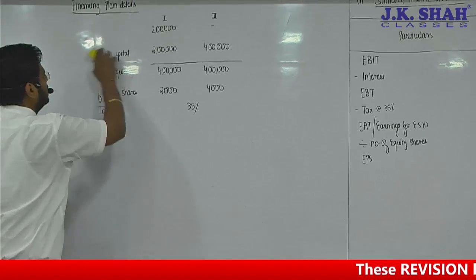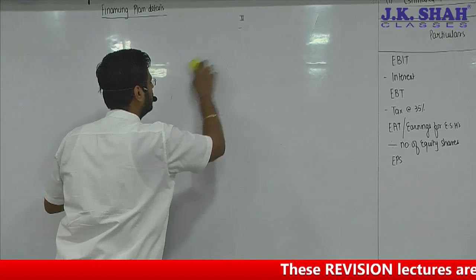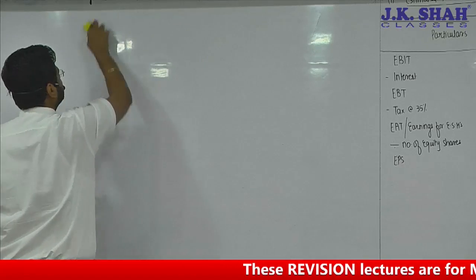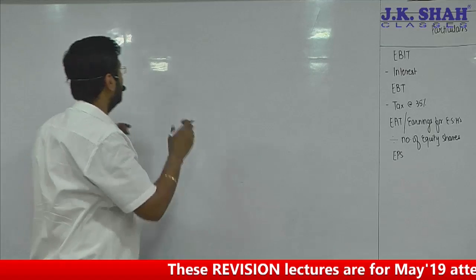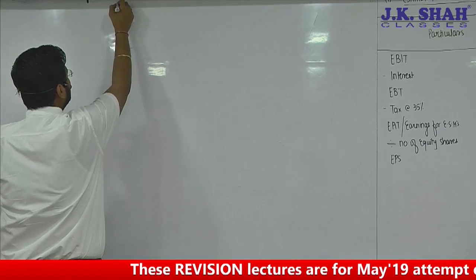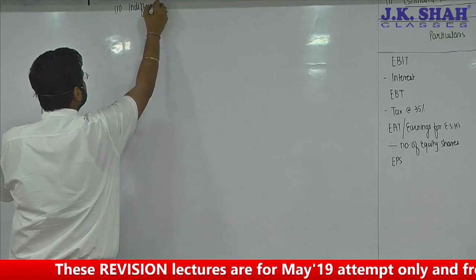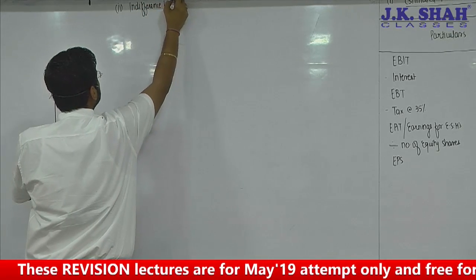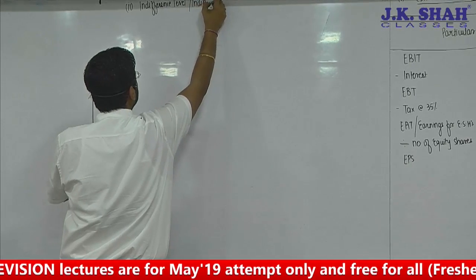So let's understand computing this indifference level, or the indifference point. Our objective is now to calculate the indifference level, and this can also be termed as the indifference point.